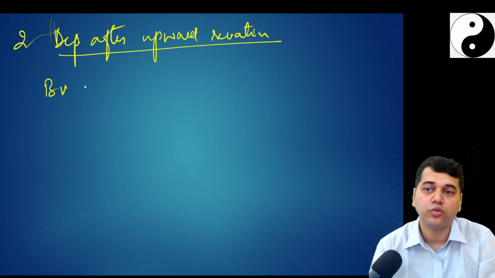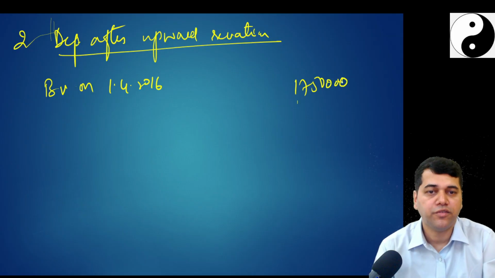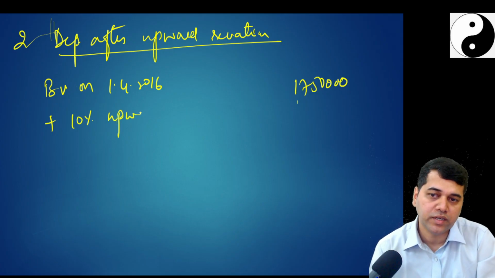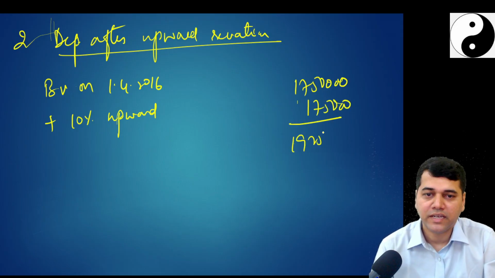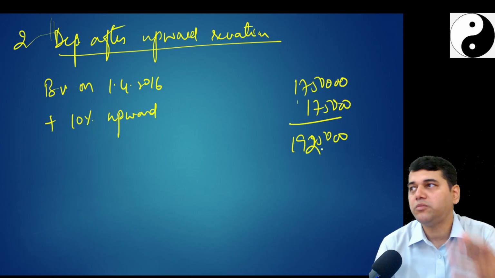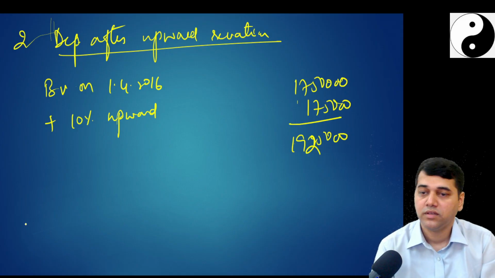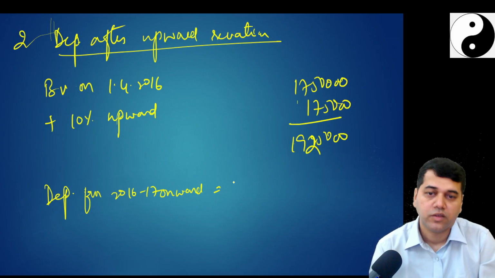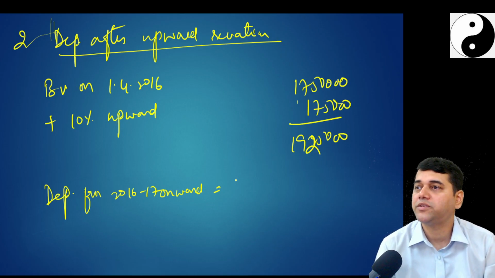So what is the book value on 1/4/2016? 17 lakh 50,000 plus 10% upward revaluation, 1 lakh 75,000, which is 19 lakh 25,000. How much depreciation are you going to charge from 31st March 2017 onwards? How much depreciation are you going to charge?